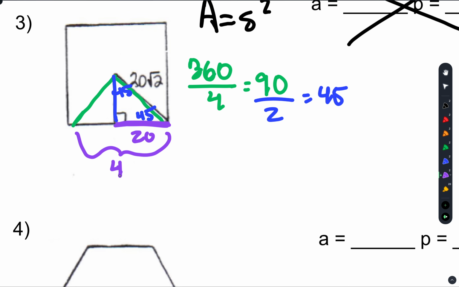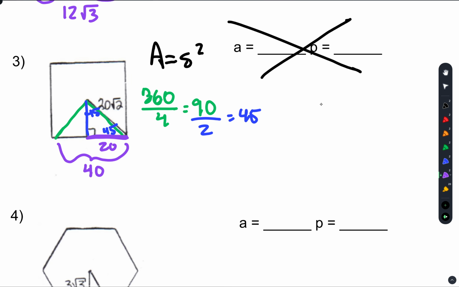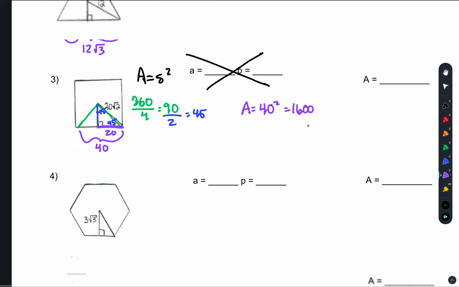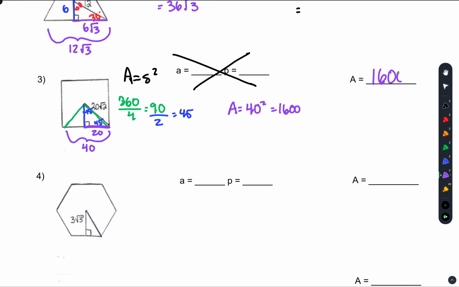One whole side is 40. So the area of this square is 40 squared, or 1600. See how much easier that is? We like that, or do we hate that? Okay, ready? Next.